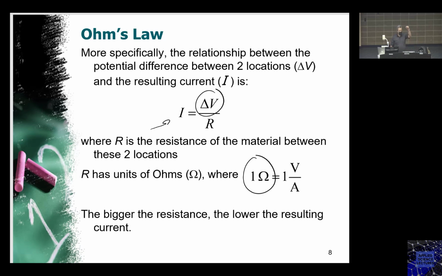The higher the resistance, the lower the current, for the same potential difference. If you fix the resistance and increase the potential difference, then the current will increase as well. It becomes proportional to the potential difference. An ohm is 1 volt per ampere, which is the unit of the resistance.